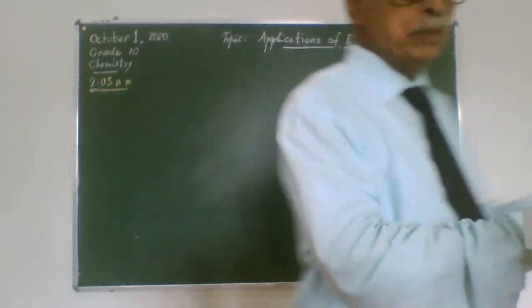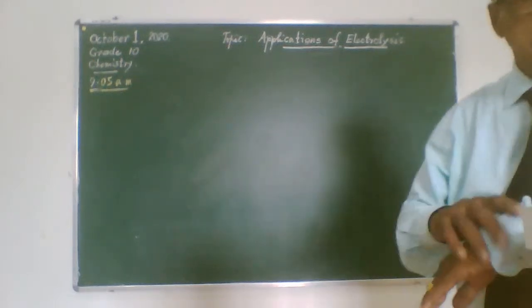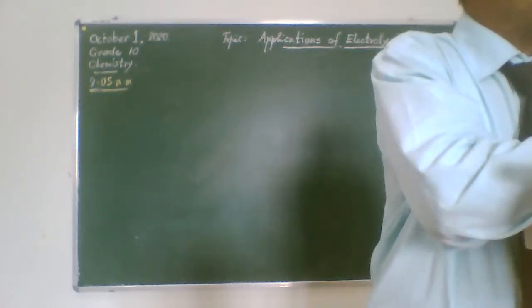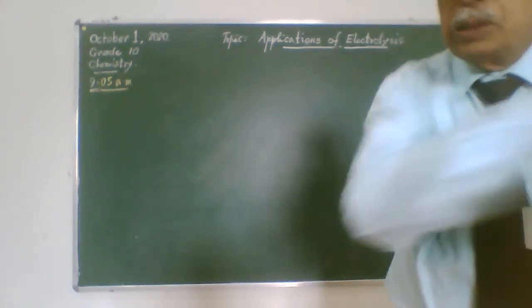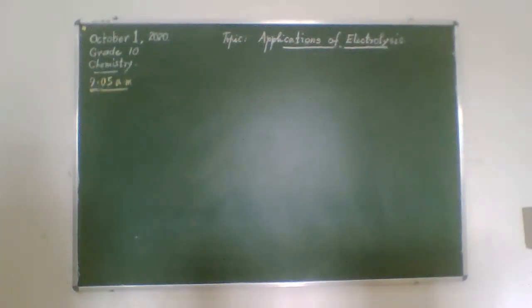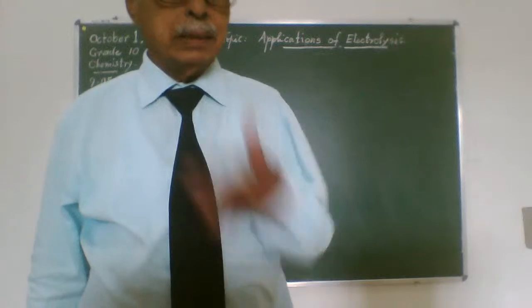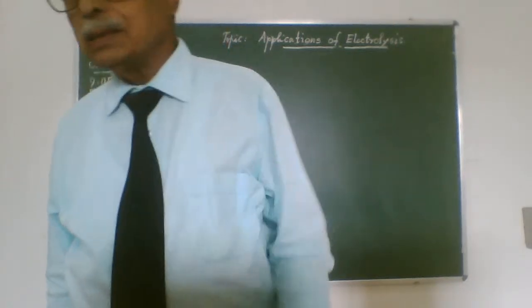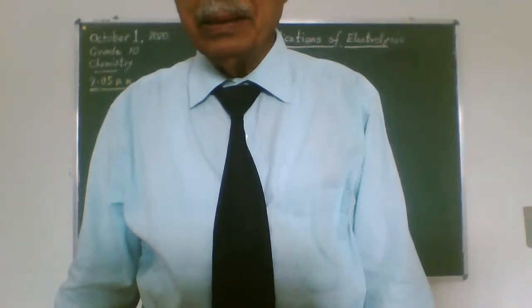Today, applications of electrolysis. One is to get industrial chemicals like hydrogen, oxygen. Chlorine also is a very much required industrial chemical. Chlorine is obtained by the electrolysis of brine. By the electrolysis of brine, you get chlorine. 20% brine.